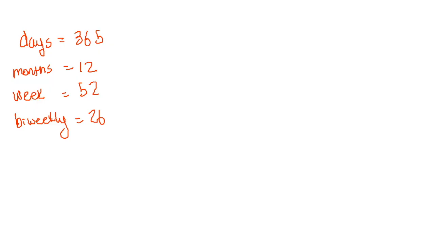But for days, you're going to divide by 365. For months, you divide by 12. Weeks, you divide by 52. And bi-weekly, I don't think you'll need to use in simple interest, but if you do, it's 26. This will probably be more of a compound interest type question, and we'll talk more about that in the next lecture. We'll look at semi-annually, annually, and those are compounding periods. So we're going to stop there.